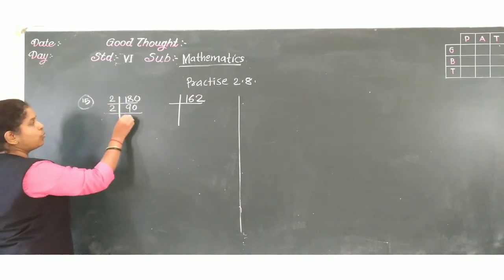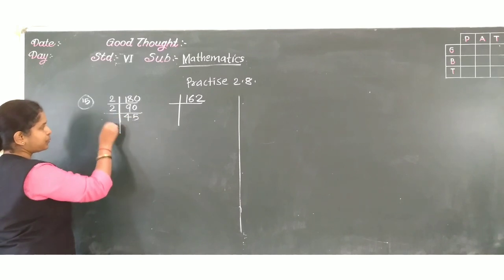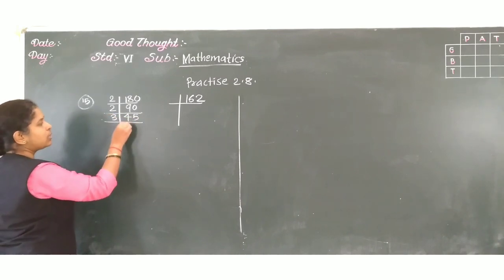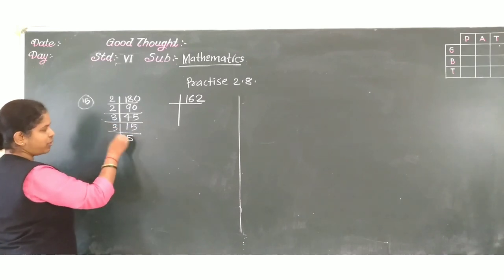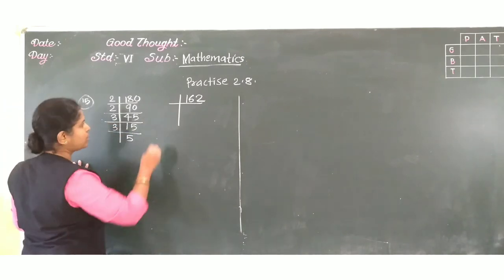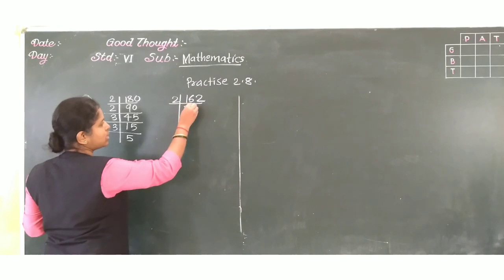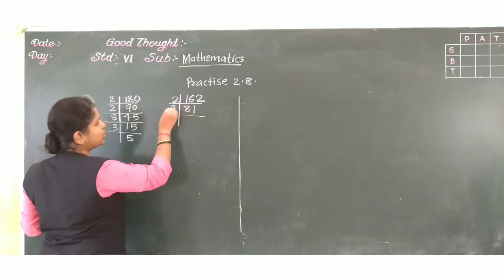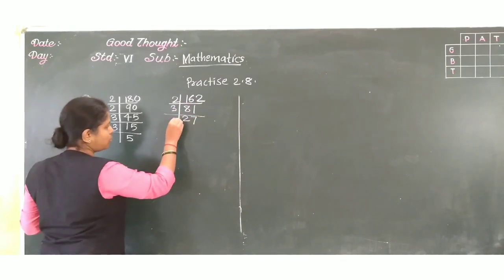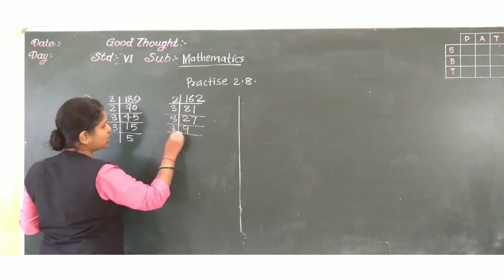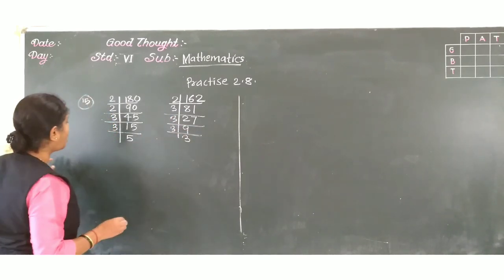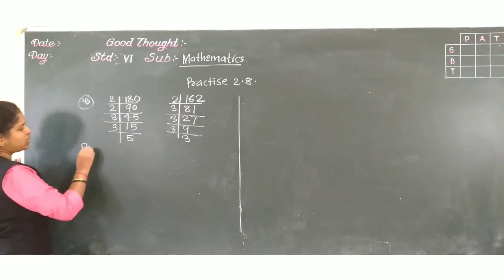Then 2 4s are 8, 2 5s are 10. Then 3 5s are 15. 2 8s are 16, 2 1s are 2, 3 2s are 6, 3 7s are 21, 3 9s are 27, 3 3s are 9.